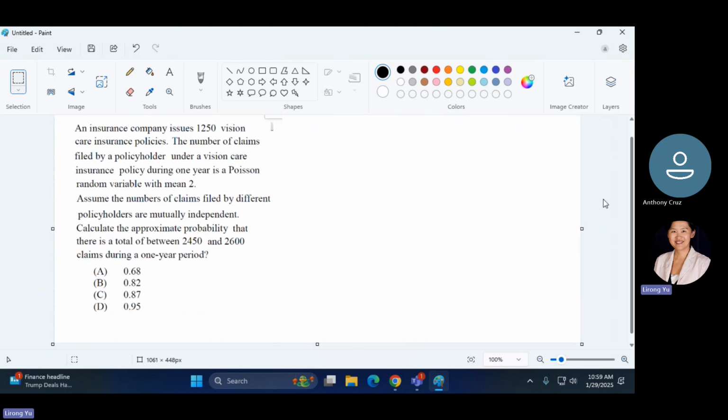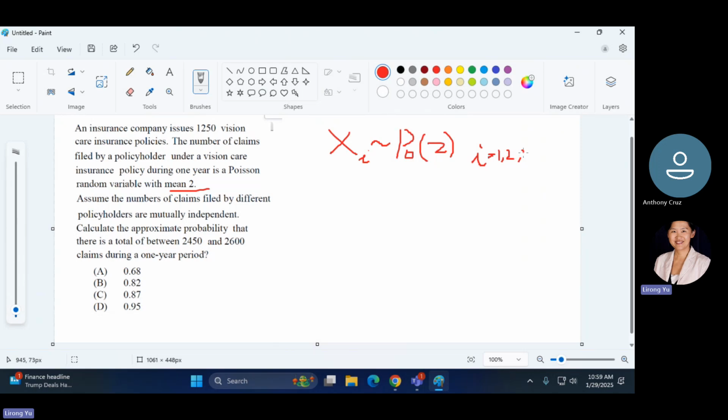So an individual vision customer here is what we call Xi, and obviously Xi follows a Poisson distribution with a mean of 2. And then i here is 1, 2, up to 1,250.